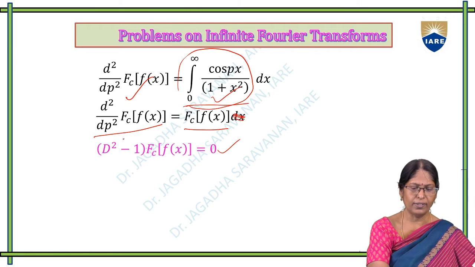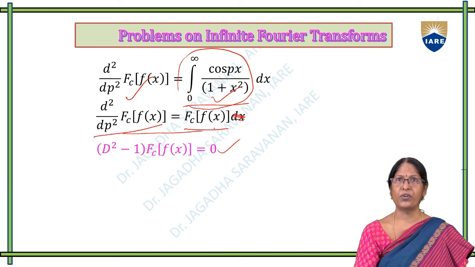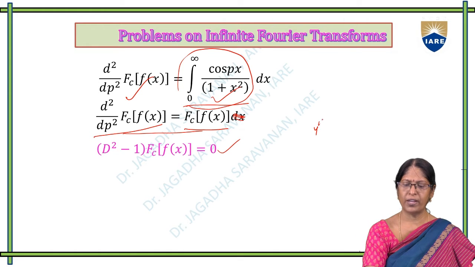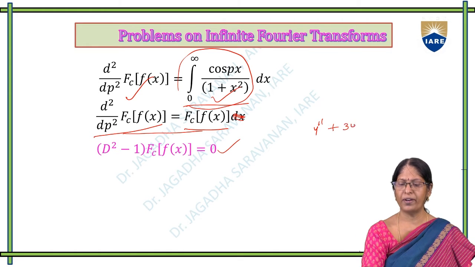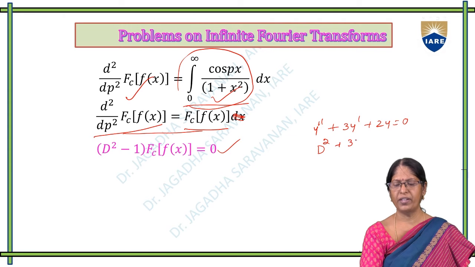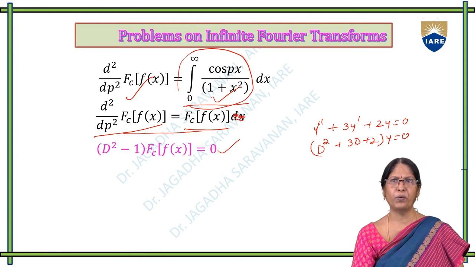Now, this differential equation, in a very simple way we can say, that is y double dash plus 3y dash plus 2y equal to 0, this differential equation we know it, D square plus 3D plus 2 of y equal to 0. It's a small differential equation.